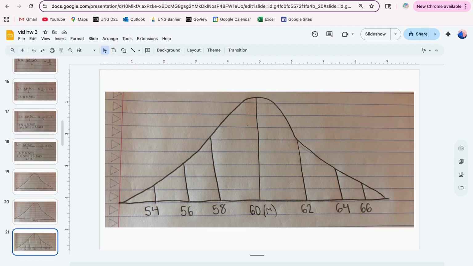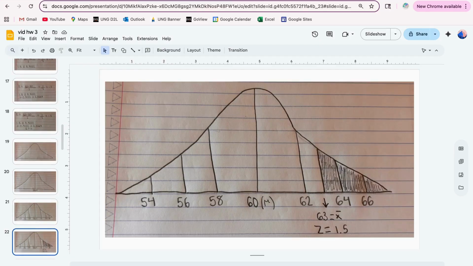Next, mark the points 1, 2, and 3 standard errors above and below the mean. Then plot the sample mean of 63, which is 1.5 standard errors above the mean. Shade the area to the right of that line to represent the probability that the sample mean is greater than 63.